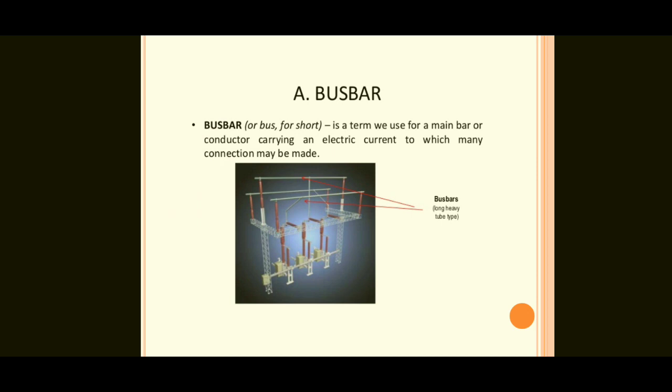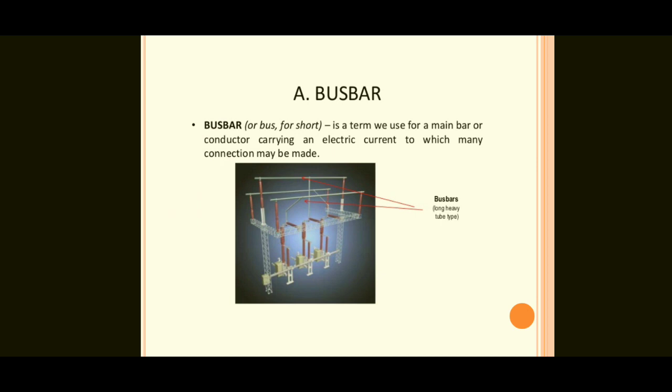Next, what components are present? Bus bar, a term we use for a main bar or conductor carrying an electric current to which many connections may be made. Here this is a long heavy type bus bar.